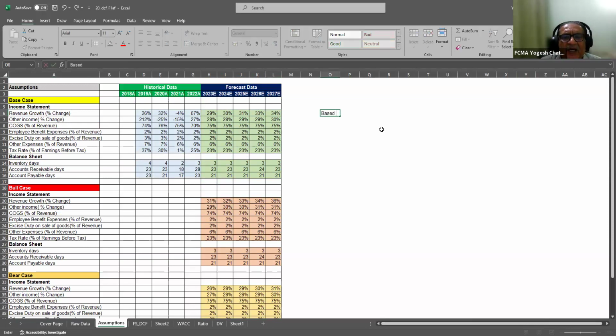based on the quarterly sales of the company, based on the product wise, if the company is dealing in multiple products, based on region wise, if a company is dealing in multiple regions, based on the seasonality concept.